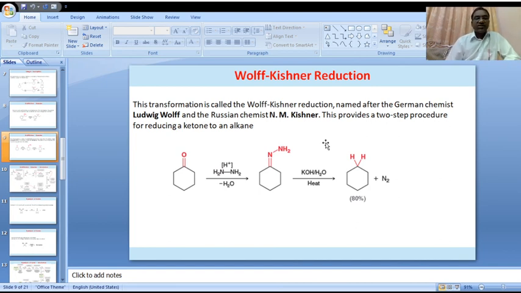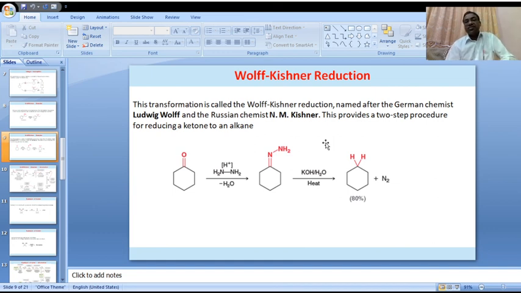This transformation is called the Wolff-Kishner reduction, named after the German scientist Ludwig Wolff and the Russian chemist N.M. Kishner.